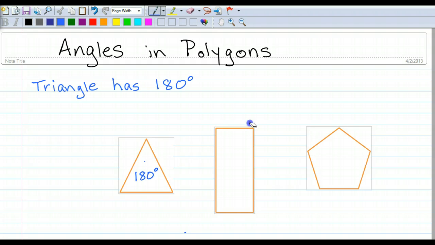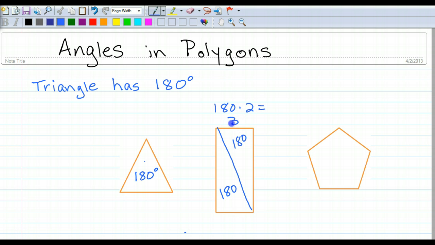So that's not going to work. But if I go from this vertex to this vertex, I have now turned that rectangle into 2 triangles. This triangle has 180 degrees, and this triangle has 180 degrees. And 180 degrees times 2 gives me a total of 360 degrees in this rectangle.